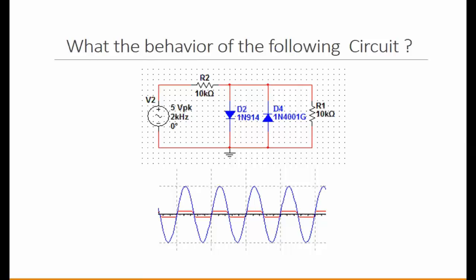So for example, if you say D2 forward, meaning that it's going to have that 0.7, correct? Whereas D4 is reverse. Reverse means it is open, and you have your R1 right here.